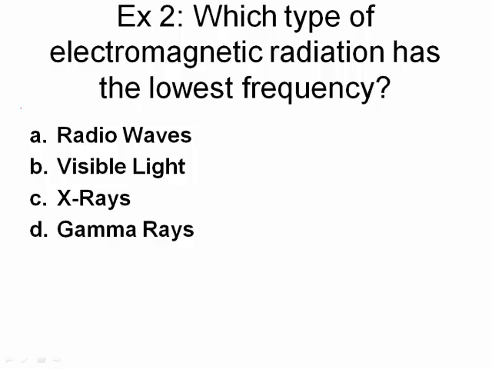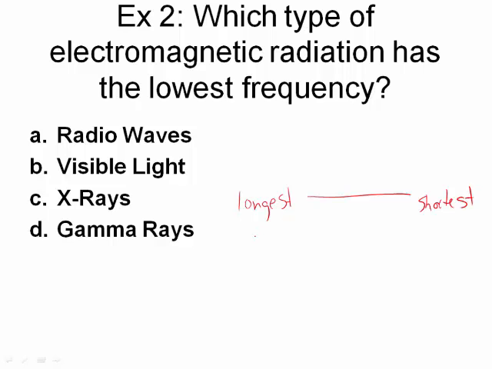So which type of electromagnetic radiation has the lowest frequency? Well, if we look at our electromagnetic spectrum at the top of our note sheet, you'll notice that our longest wavelengths start here on the left, and they go over to the shortest.